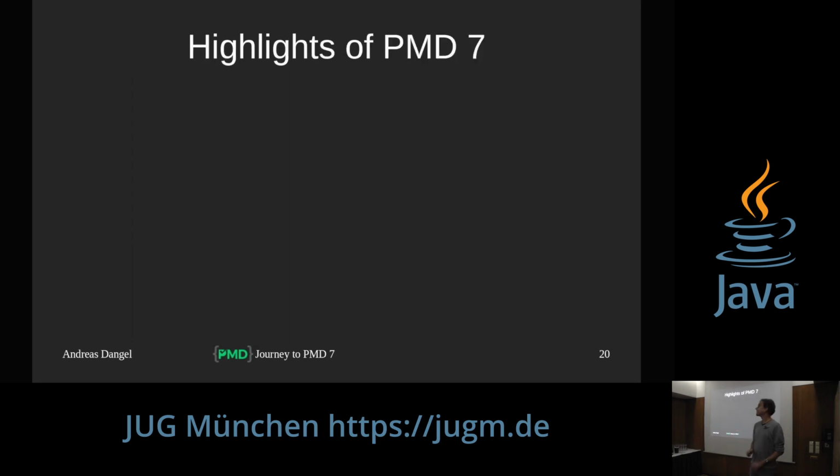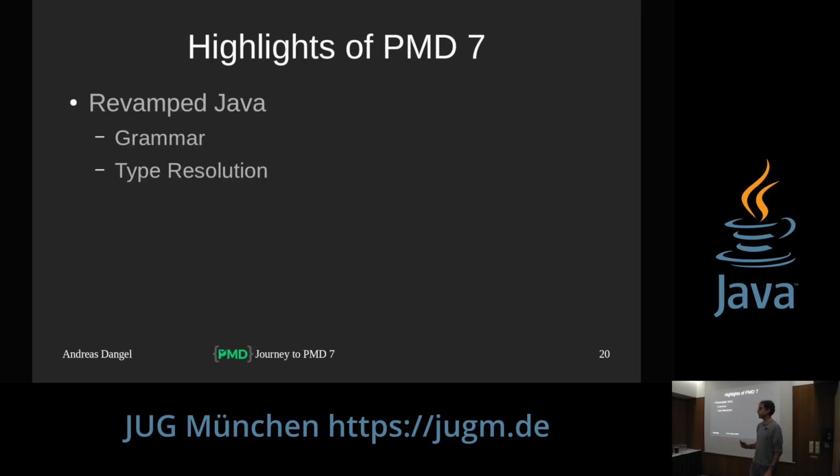Right, now to the new features or highlights or what has changed in PMD 7, I have 4 topics I want to present a little bit more in depth. This is first what has changed on the Java language support, and the changes on the Apex language support.